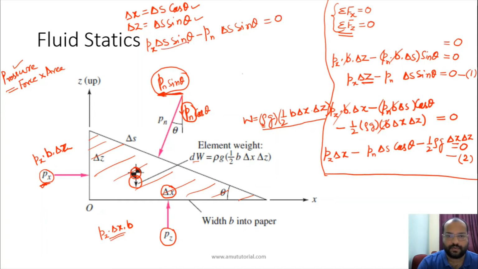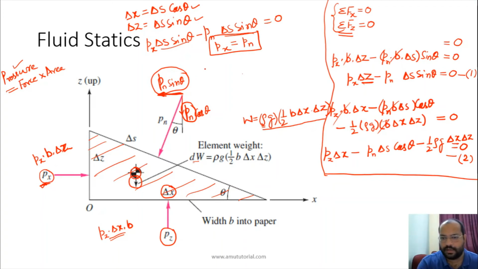You can very well see that these two terms are equal, so it means that Px is also equal to Pn. This is a very important conclusion of this equation. I will explain this later on.